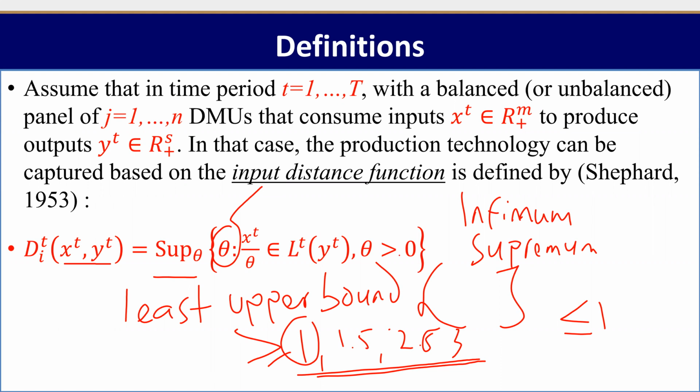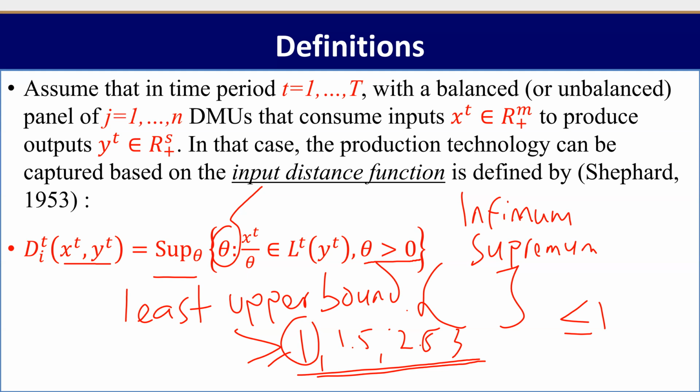And that is why you can see that we have defined theta to be greater than 0, which means that it is positive. But of course, this theta, which is positive, is a reciprocal of this distance function. And if the distance function is greater or equal to 1, then theta is less than or equal to 1.